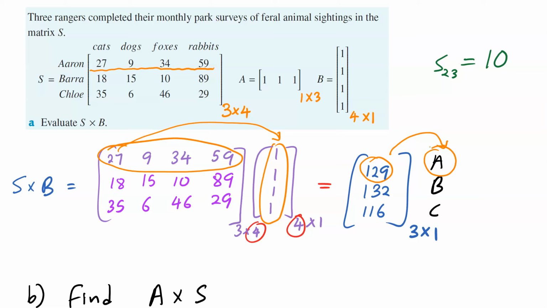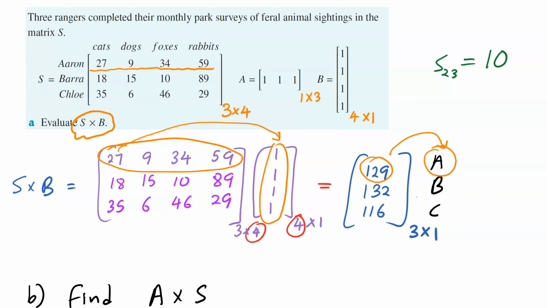The second element produced from this product is 132, which is for Bara, and she's citing 132 animals, and for Chloe 116. Therefore, the product S times B produces a 3 by 1 column matrix that gives us 3 values, the total number of animals that each of these rangers is citing.